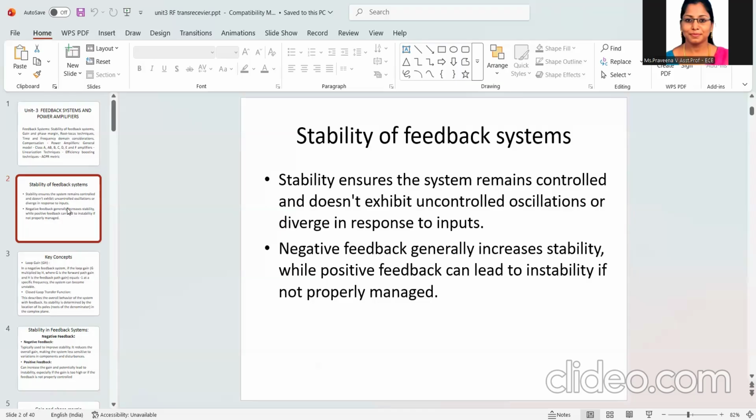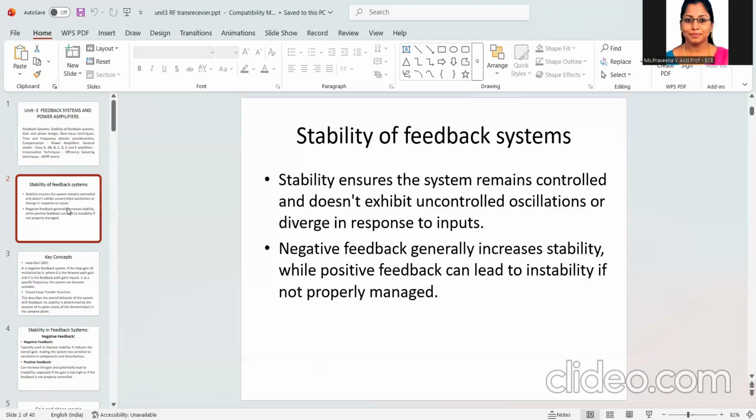There are two types of feedback, right? Positive feedback and negative feedback. Negative feedback feeds a portion of the output back to the input in opposition to the input signal. We have already learned about it in control systems, right? So a part of the output signal will be fed back to the input in opposition to the input signal.